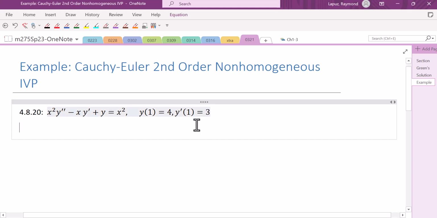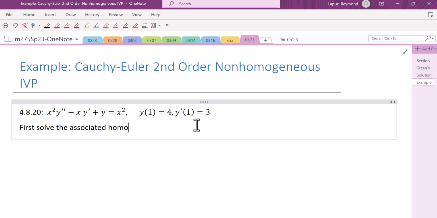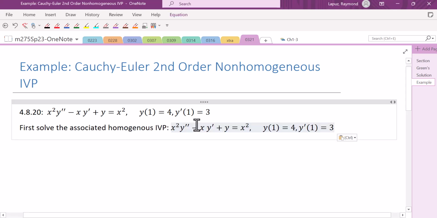All right, so that's going to be our plan. So first, solve the associated homogeneous IVP, and that is going to be pretty much the same, except it's going to be set equal to 0.